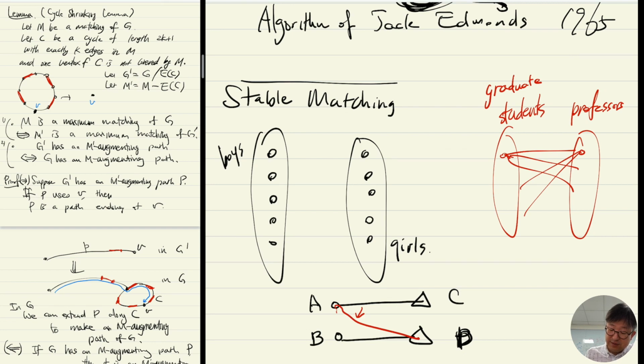A thinks that D is better than C, and D thinks that A is better than B. Then both A and D could withdraw this pairing and make a new connection, making these two people singles.